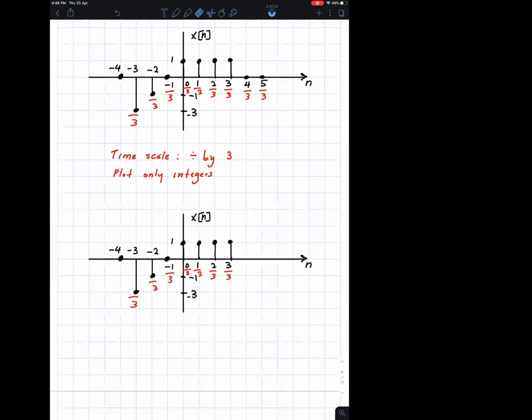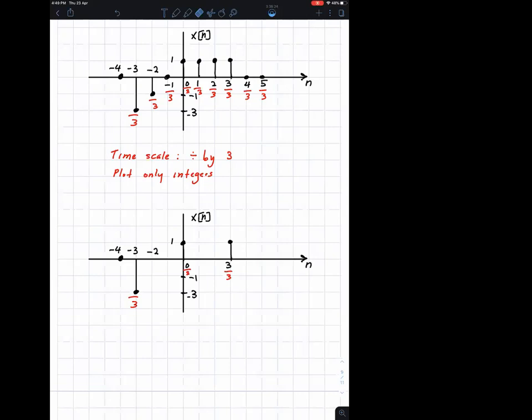This is an integer, you keep it. This is not an integer, remove it. This is not an integer, remove it. 0 is an integer, you keep it. And then not an integer, remove it. -2 divided by 3 is a fraction. Now this is an integer, keep it.